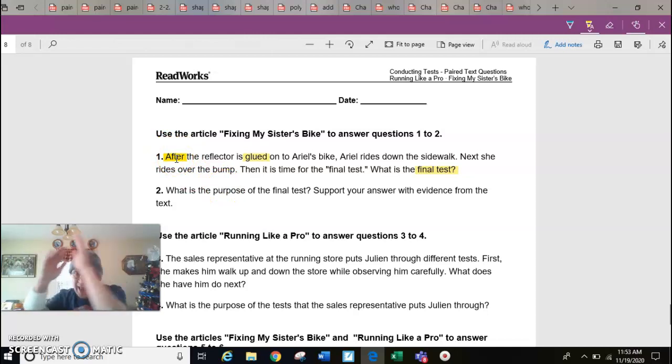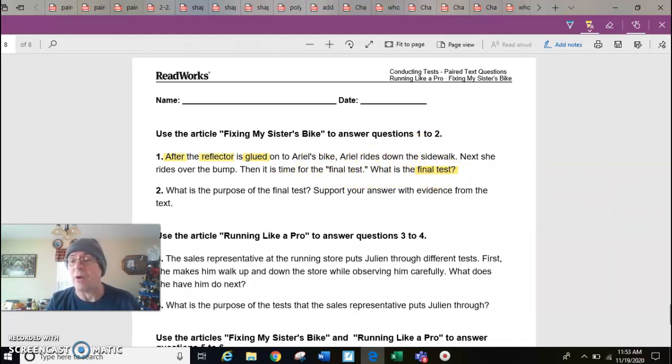Not before, after. So we're going to find these things and see what happens after them, right? Now, after the reflector is glued, okay? You can look for the word reflector if you want, but we're really looking for this act, gluing. We're looking for the gluing of the reflector, okay? And then we're looking for the final test.